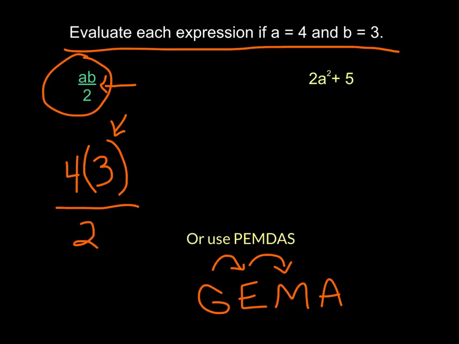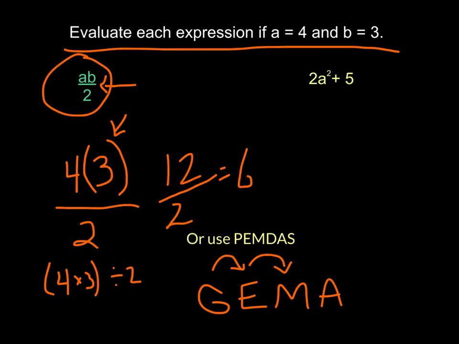It's 4 times 3, and then I'm going to divide it by 2. So left to right means I do this first. So that means I have 12 at the top. 4 times 3 is 12. And now I'm dividing that by 2. When I do 12 divided by 2, 2 goes into 12 6 times, and there's no remainder. So 6 would be my answer.